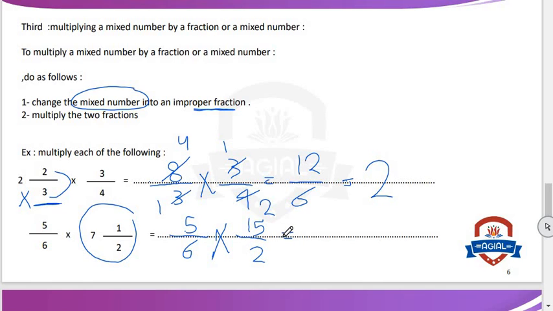Before we multiply, try to find the common factor between numerator and denominator. 2 and 5, we don't have. 6 and 15. Super. We can divide both of them by 3. 6 divided by 3 equals what? Yes, 2. And 15 divided by 3 equals what? 5. So 5 by 5 equals 25. And 2 by 2 equals 4. So the answer is 25 over 4 in the simplest form.